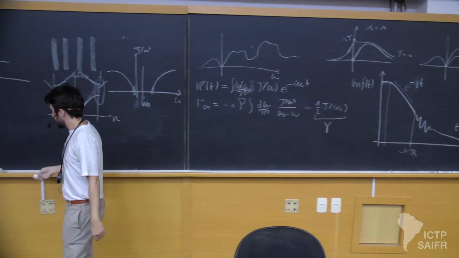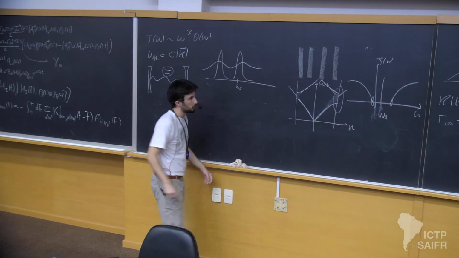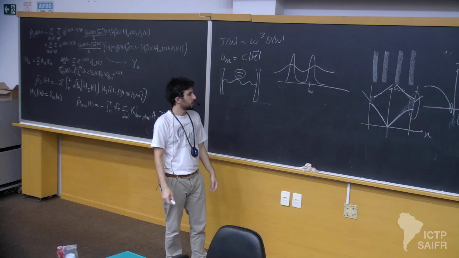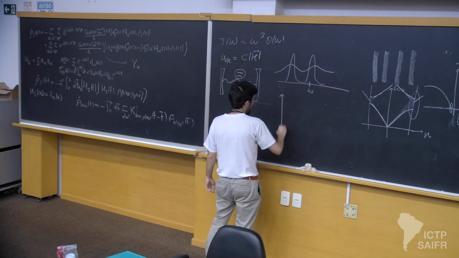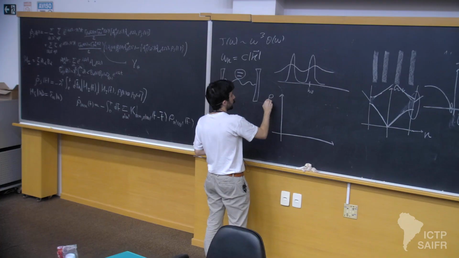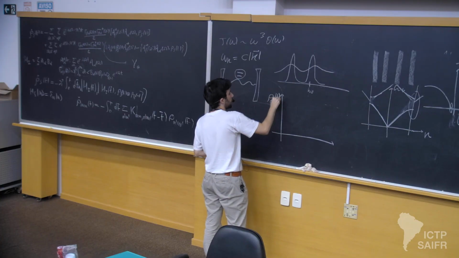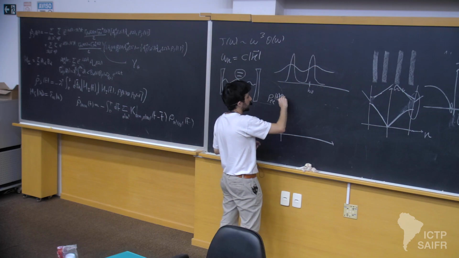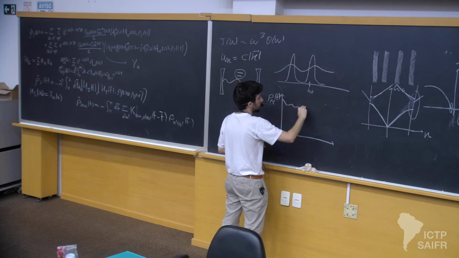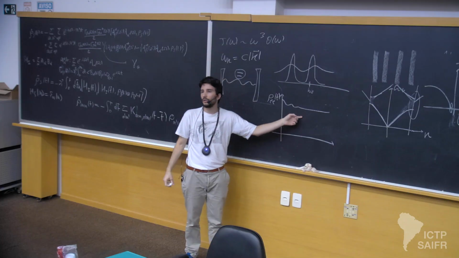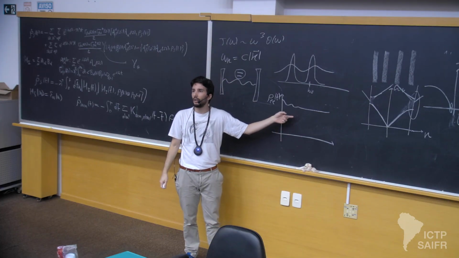And this is known since the 90s, and it's also been verified. So people have actually measured the decay rate of this. If you take the probability of the atom being excited, what happens is that it oscillates a bit, but then it never decays. So you can actually prevent decay completely.